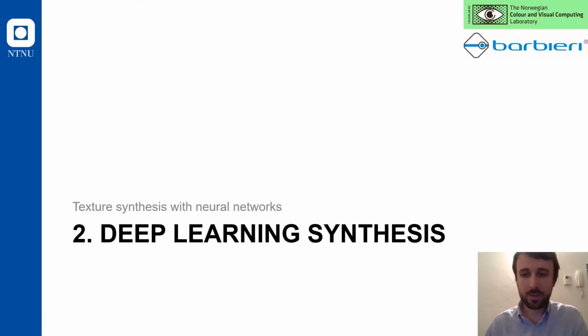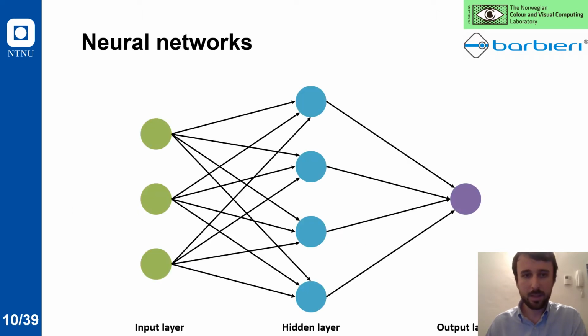As we said, traditional synthesis methods have various problems. Therefore, recently these have been overcome by deep learning based methods. These methods are based on neural networks, which are a type of machine learning model inspired by the structure of the brain of animals. They are formed by very simple basic units that perform basic nonlinear calculations, called neurons.